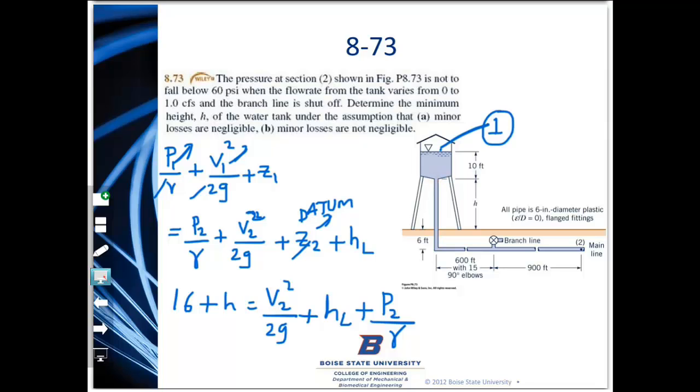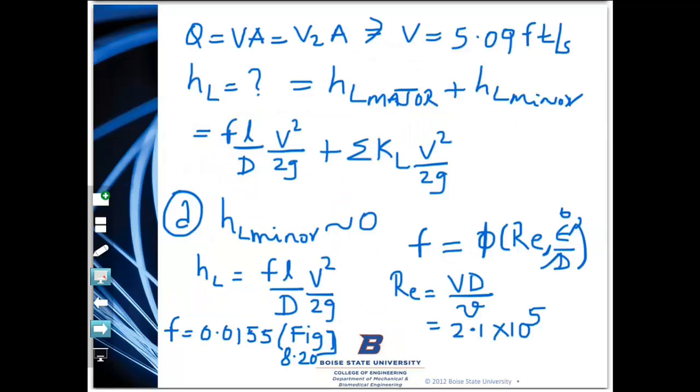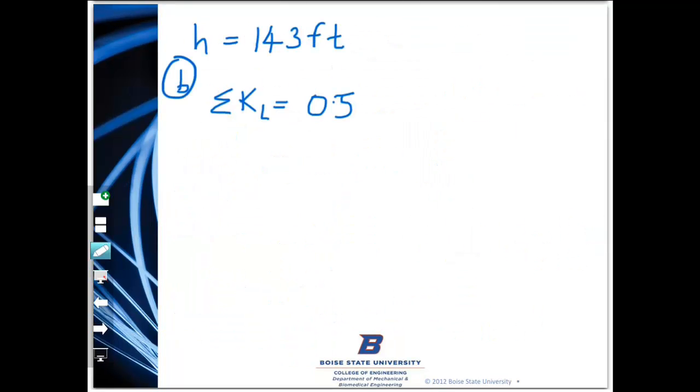For a sharp edge like this, it would be 0.5, and you have 15 90-degree elbow fittings which are flanged. Go to table 8.2, it will give you 0.3 as the value here, and you have a T here which is flanged as well. If you include all of those, you get sigma KL as this.